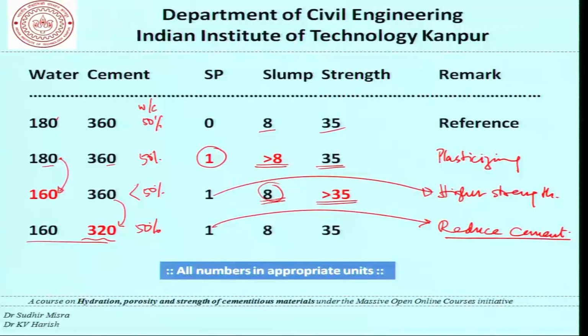Of course, as we reduce the cement content, the overall volume for the sand and the coarse aggregate increases, but those are cheaper materials, and therefore we could be quite satisfied with that. So, there are different ways of using a superplasticizer, and there can be combinations of either reducing the water, reducing the cement, or trying to increase or decrease the slump that we have.